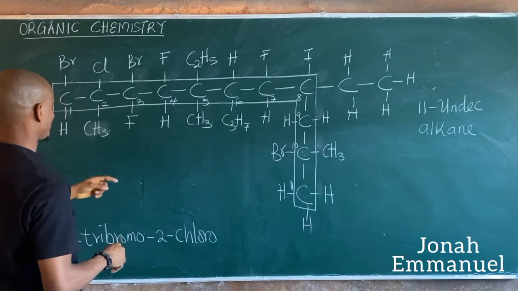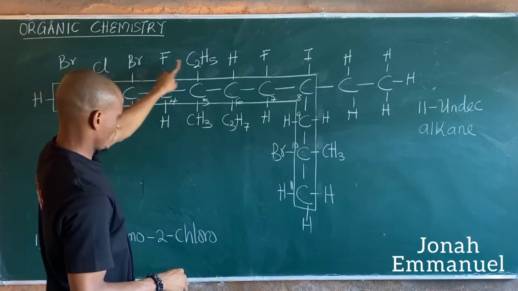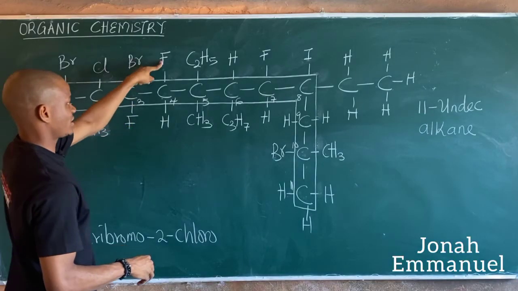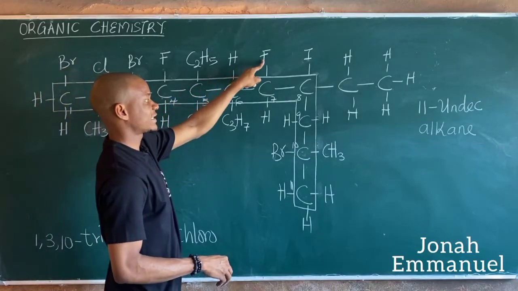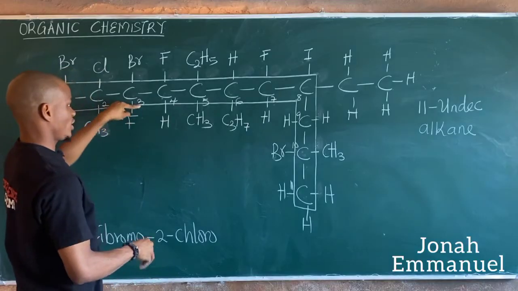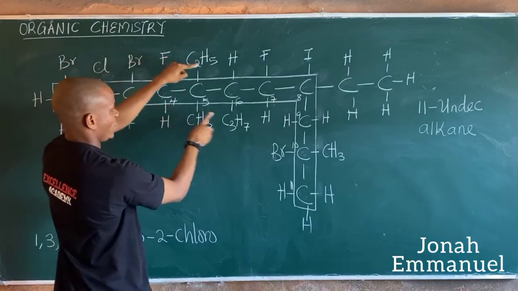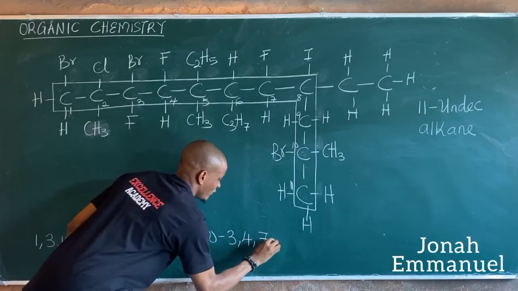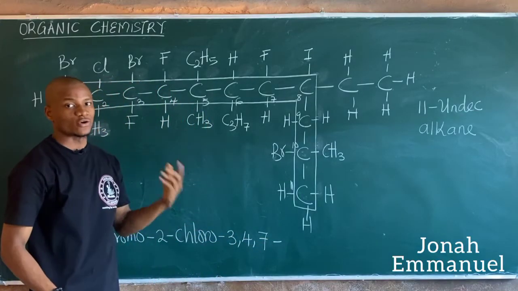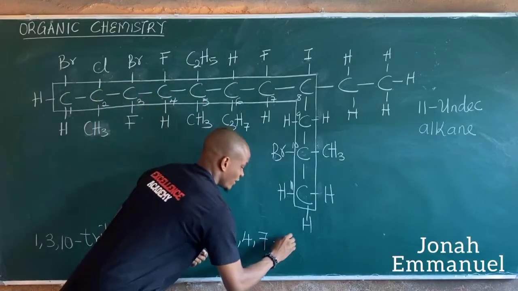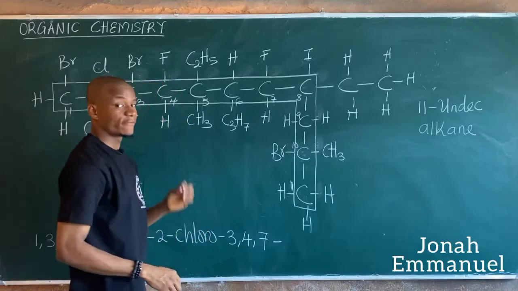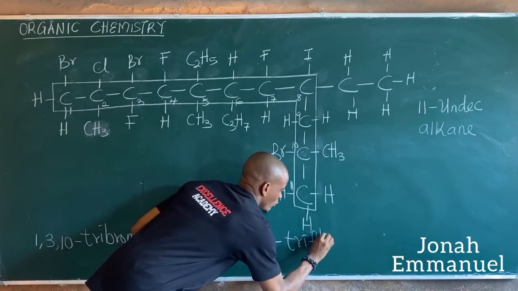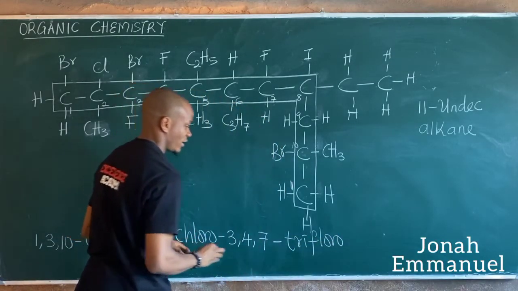I can see fluorine at 3 positions: this fluorine is at carbon 3, this one at carbon 4, and this one at carbon 7. So it becomes 3, 4, 7. I have 3 atoms of fluorine, so it becomes trifluoro.